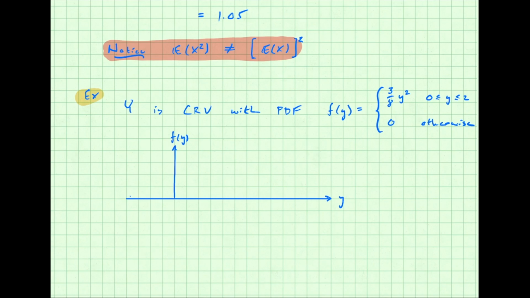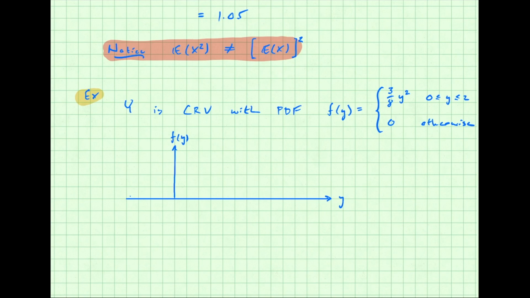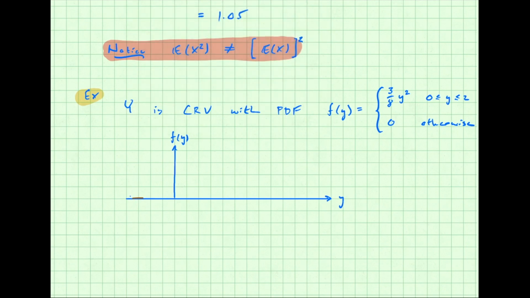And so let's look again at the intercepts. So what does this thing look like? Let me draw it with a different color. So it's 0 everywhere out here, right? And then when you hit the origin, it goes like y squared, and then it stops when you get to y equals 2.